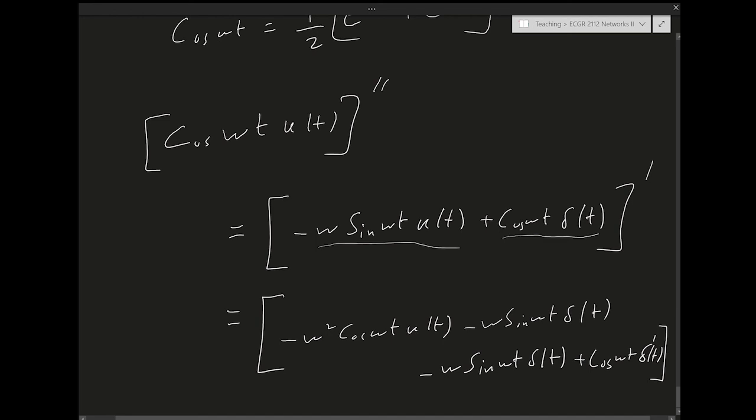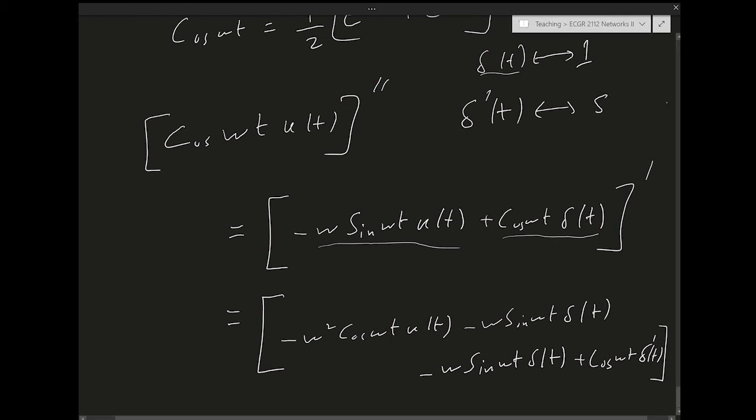By the way, what is the Laplace transform of delta prime t? This is easy. The Laplace transform of delta t is 1, so the Laplace transform of delta prime t is the original function times s. Differentiation in the time domain is equivalent to multiplication by s. So we take 1, multiply it by s, and we end up with s.